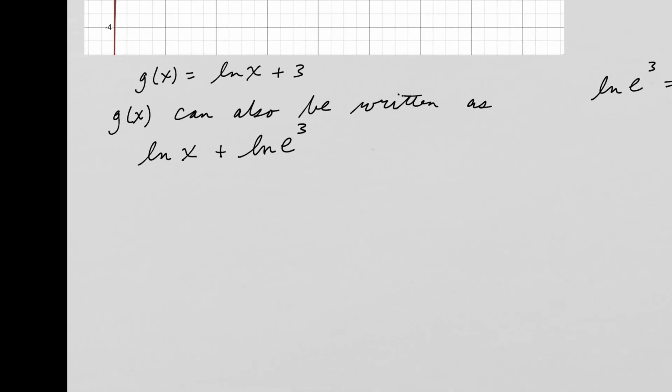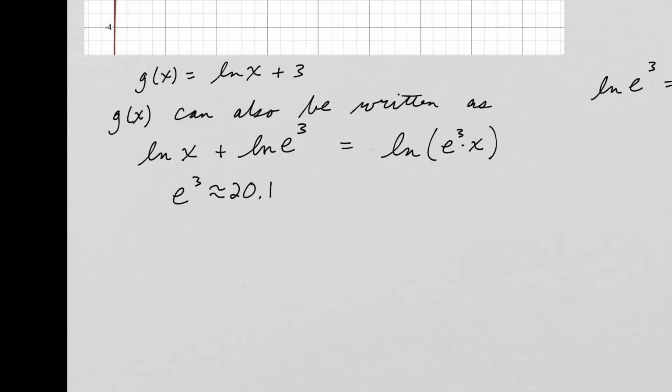But when it's written this way, I can use my property of logs. Remember, if I have a sum, I can write that as the log of the product of the two things. E to the 3 is just some number, whatever it is. We can do this out. Actually, let me do that. It turns out that e to the 3 is around 20.1.